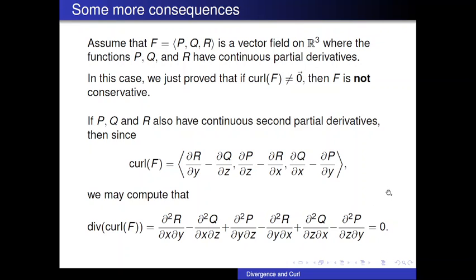So in at least the nice cases where the component functions of F have continuous second partial derivatives, if you do curl followed by divergence, you get the scalar valued constant function equal to 0.